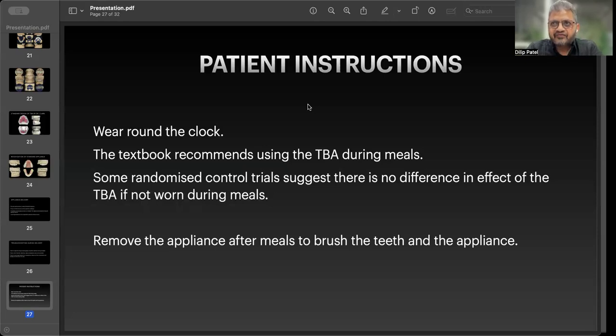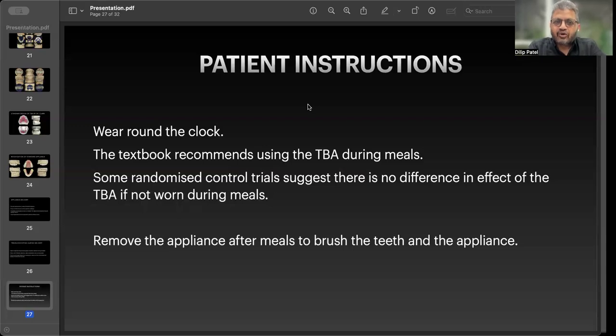So if you have advanced the mandible 10 millimeters and the patient is wearing the appliance during mastication, it will create about 1,700 grams of pressure. That is enough pressure to elicit skeletal changes in the ramus and condylar area.